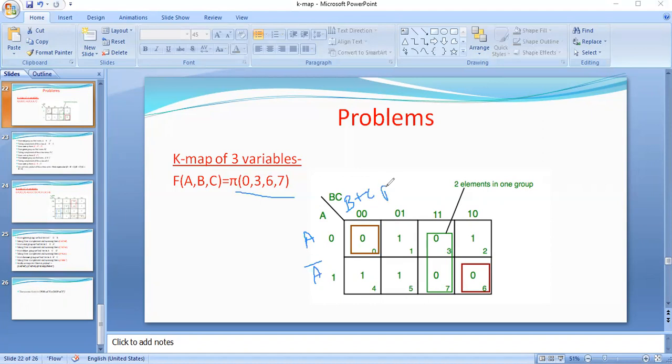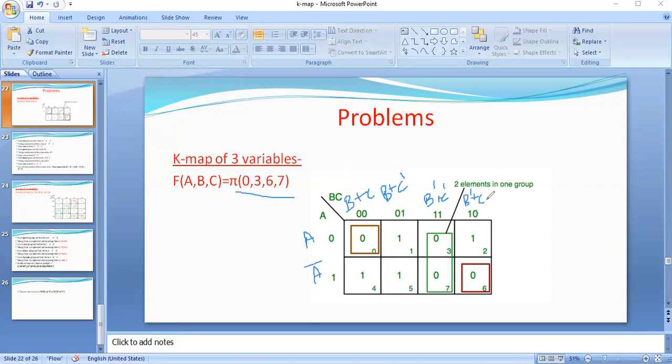And here b plus c bar. And here b bar plus c bar. And here b bar plus c.